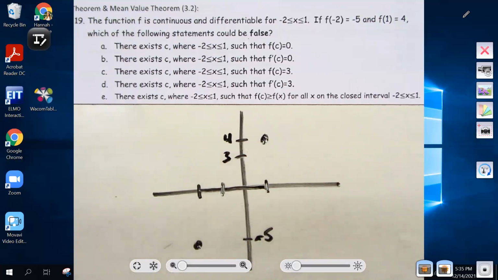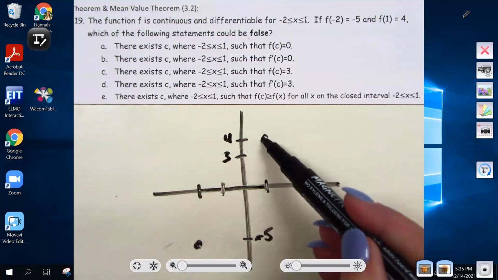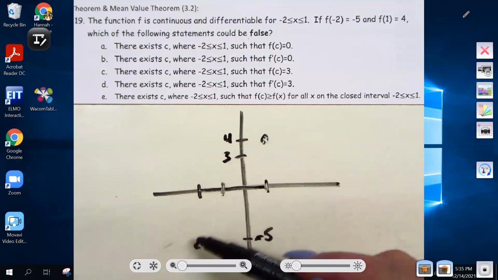Part D, there exists C on the interval such that f prime of C equals 3. 3 is the slope between these 2 points, the endpoints of your interval.